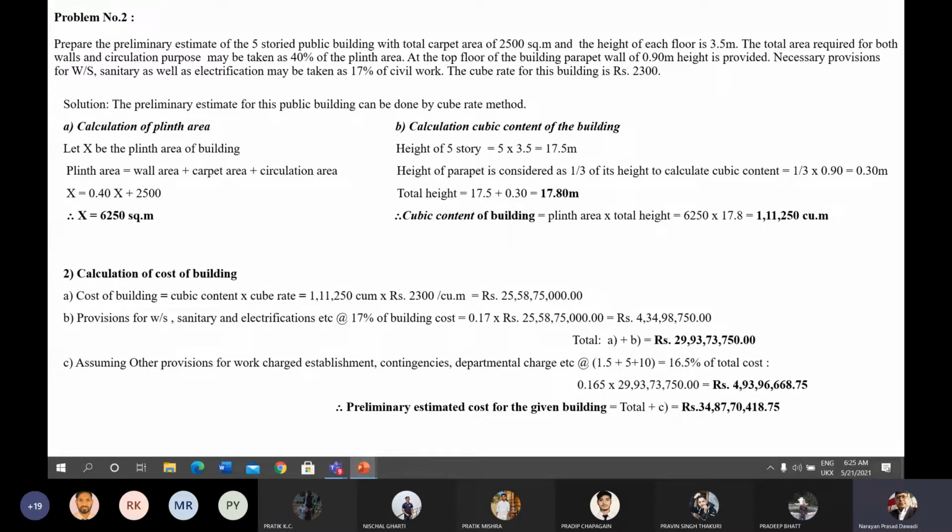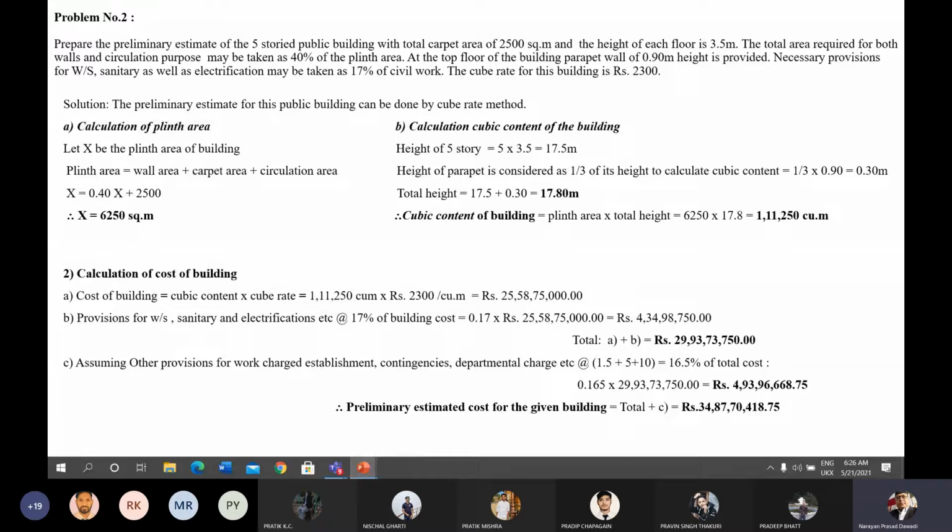Now let X be the plinth area of the building, because here it is a 5-story building, but the total carpet area of 5 stories is given as 2500 square meter, not given for each floor. It is the total carpet area of the 5-story building. So X is taken as the total plinth area of the building.